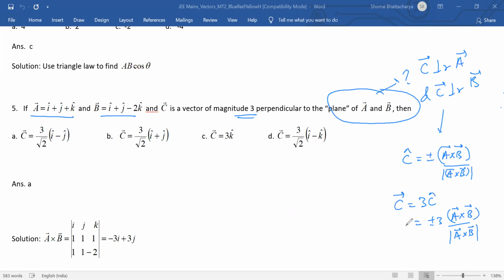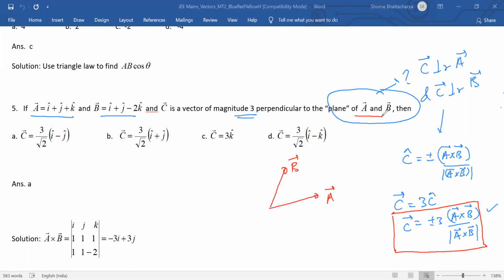So is this concept clear? You draw any two vectors. Let's say this is A and this is B. Now in this case, what should be the direction of C?